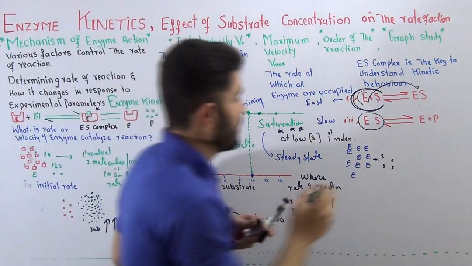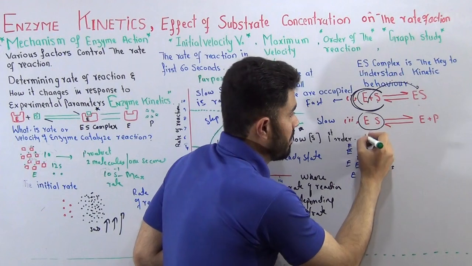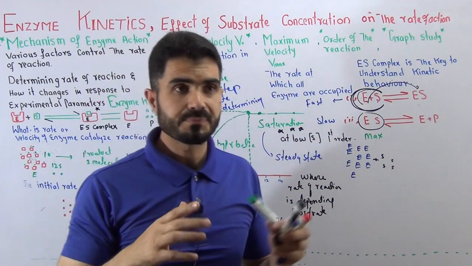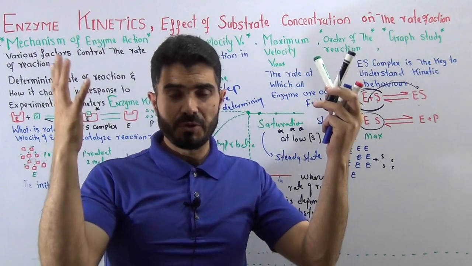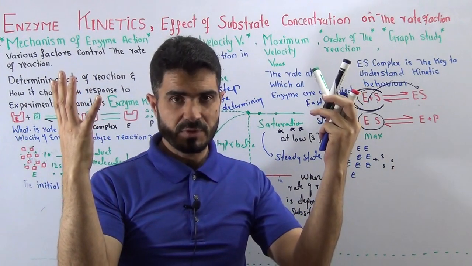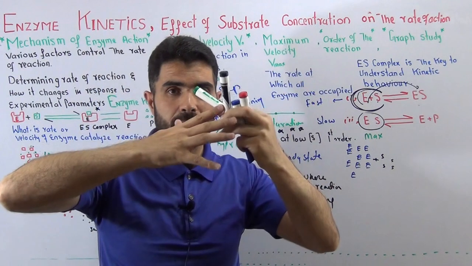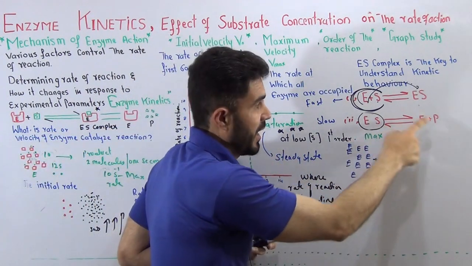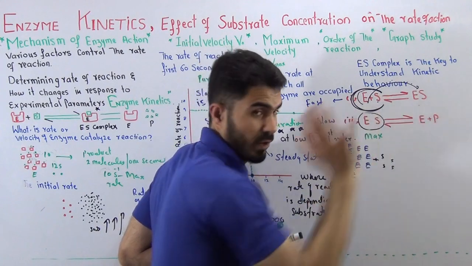Mean you will be having maximum enzyme substrate. If you have 10 enzyme, you have 10 substrate. Maximum speed will be there, maximum ES will be there, and you will get maximum product.